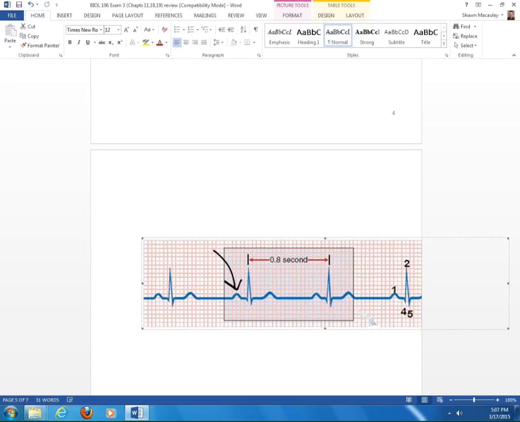Atria are depolarizing or contracting. Then there's this QRS complex. That is, again, the ventricular depolarization. And then a little bit of delay before you get to the T wave, which is the ventricular repolarization.